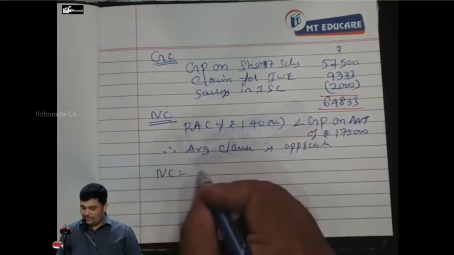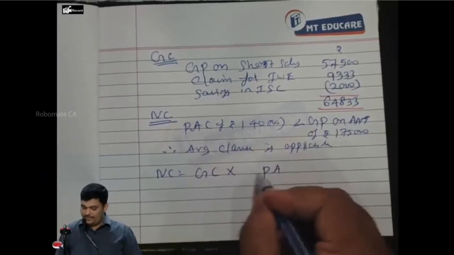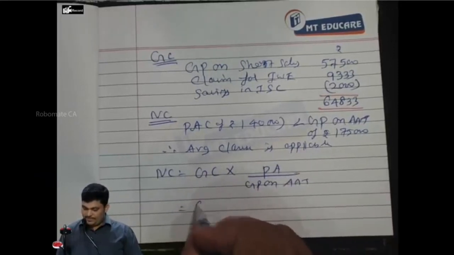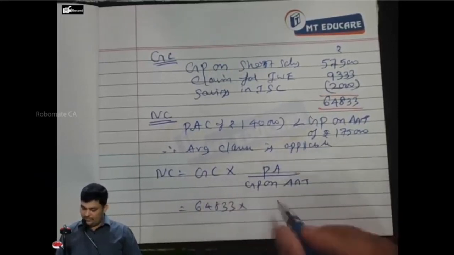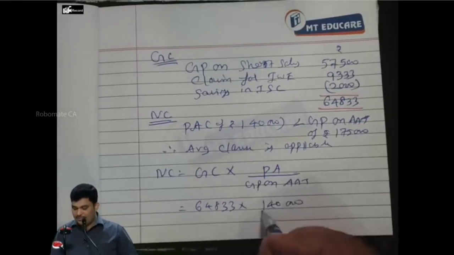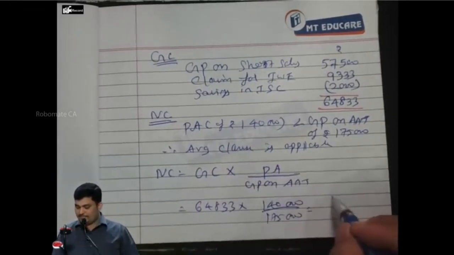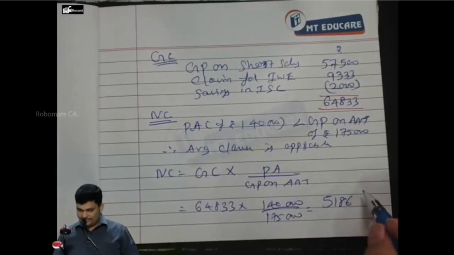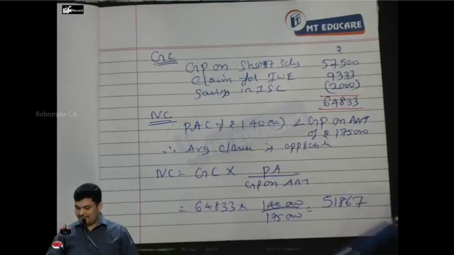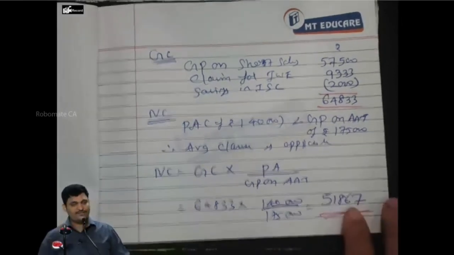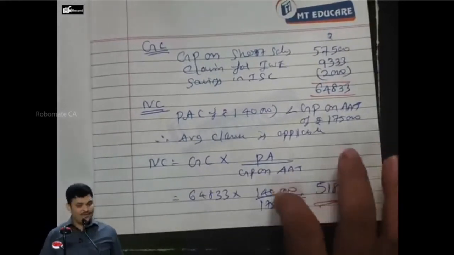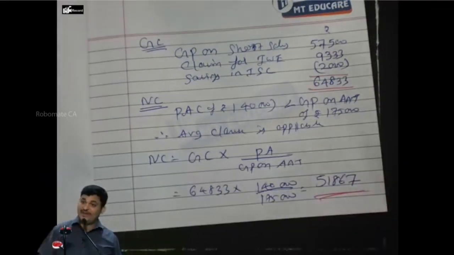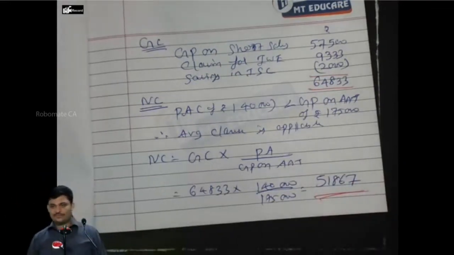So, net claim equals gross claim into policy amount by GP on AAT. 64,833 into 1,40,000 by 1,75,000, that is 66,467. This is 4 by 5, you take it, or do whatever be the case. In the range, it is correct. 65, 66, 67, all correct.